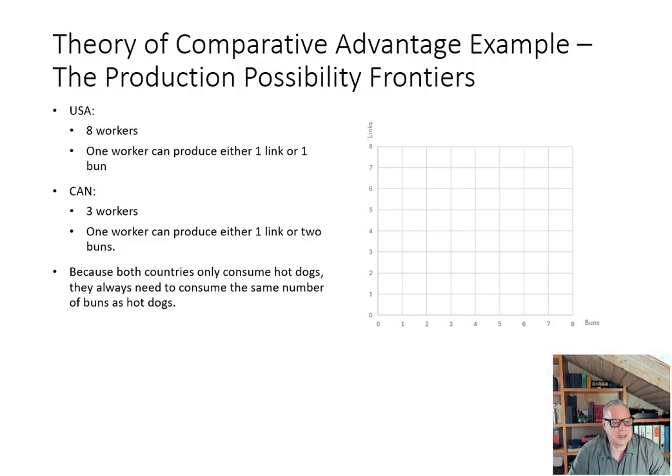Again, the objective is to show that through trade and specialization each country can consume more than what it can individually produce. So now we have an example. We have two countries, let's say the United States and Canada, and they only produce two goods.